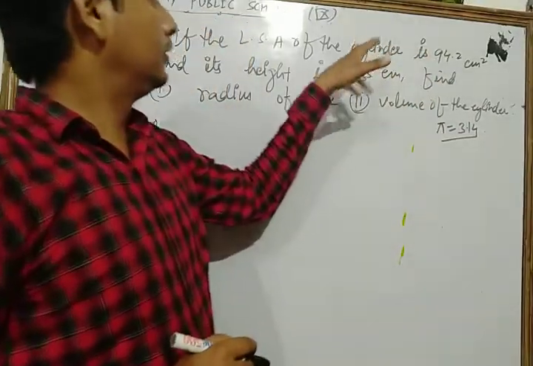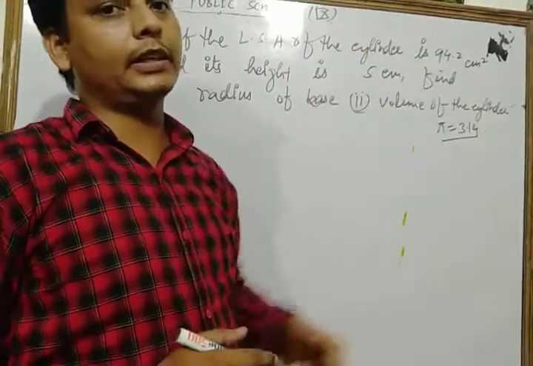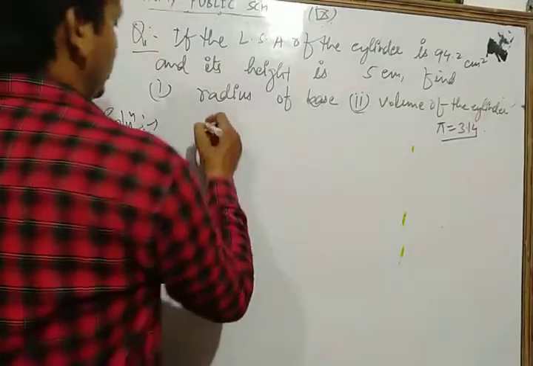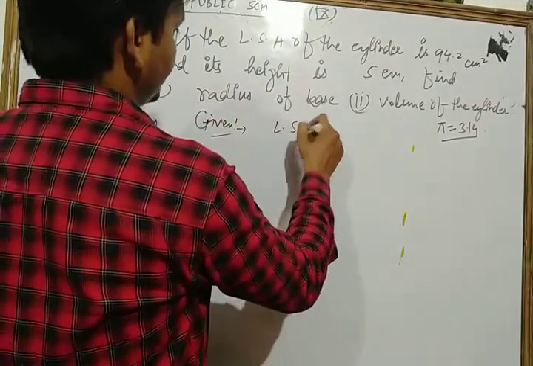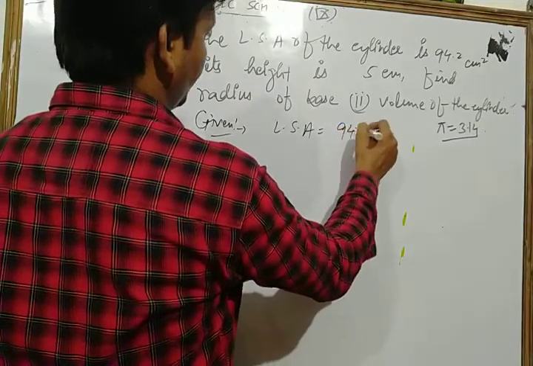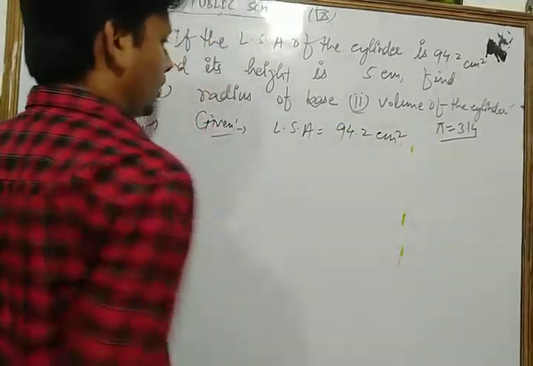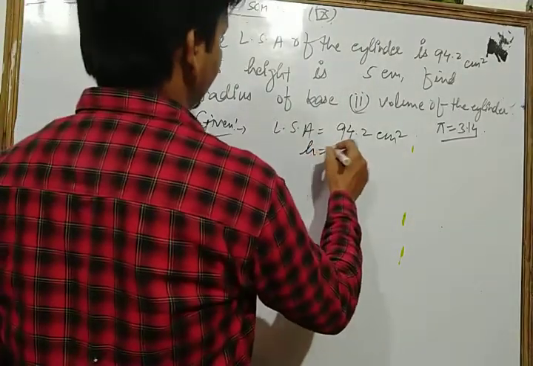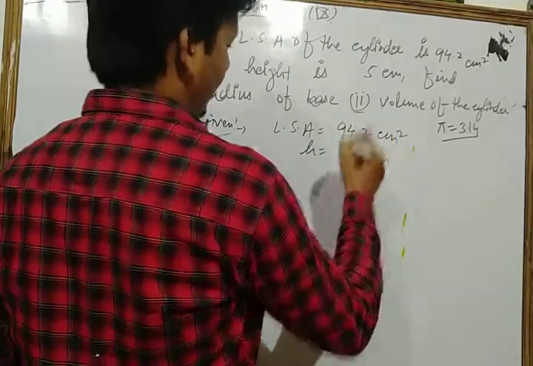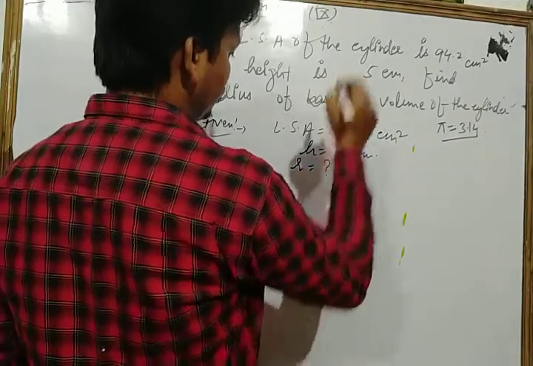In this question, the lateral surface area of the cylinder is given. So first we write given value. Lateral surface area is 94.2 centimeter square, and its height is given as 5 centimeter, and we find the radius of its base.